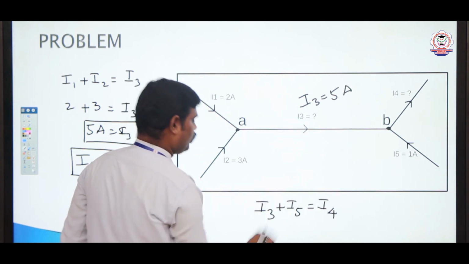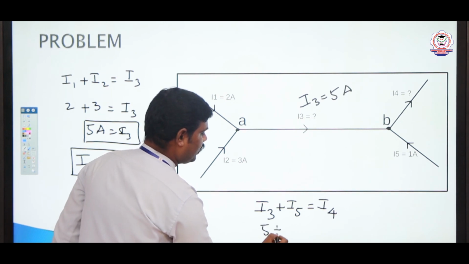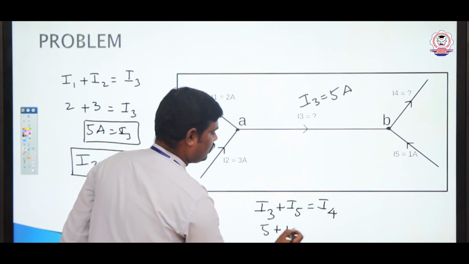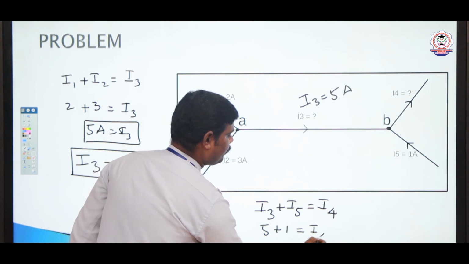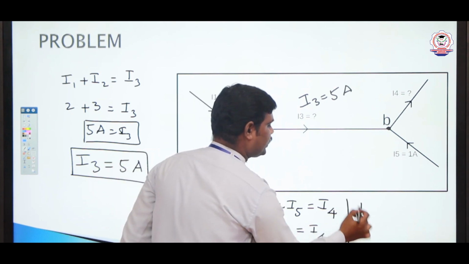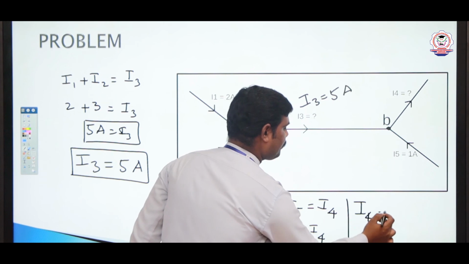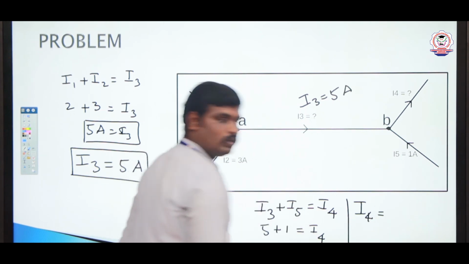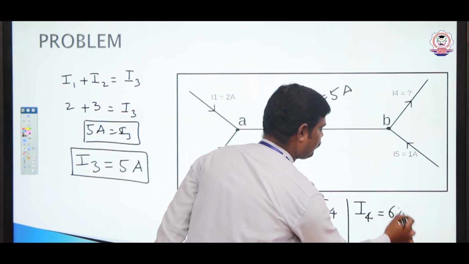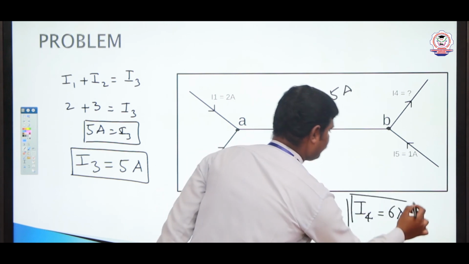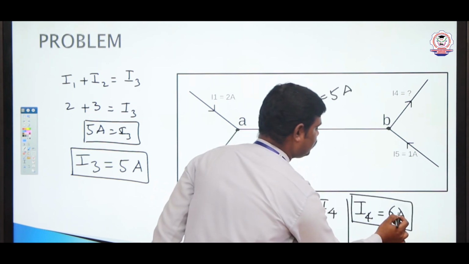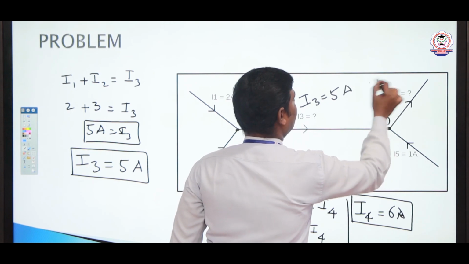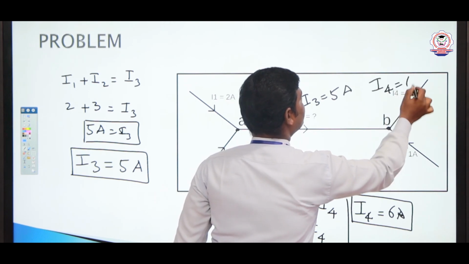So, I3 is equal to 5 and I5 is equal to 1, equal to I4. So, I4 is equal to 5 plus 1, equal to 6 ampere, right. So, here I4 is equal to 6 ampere.